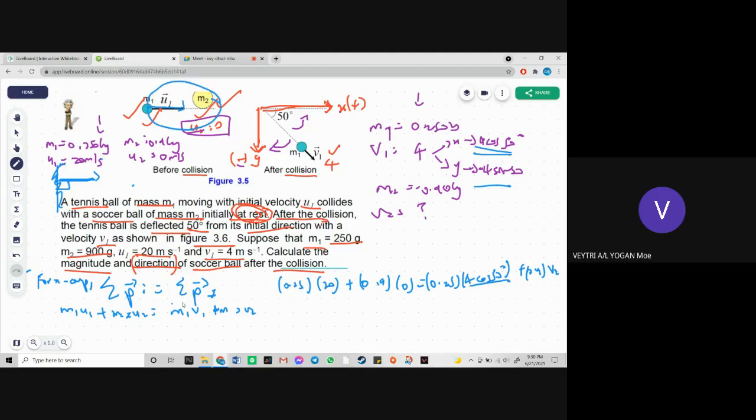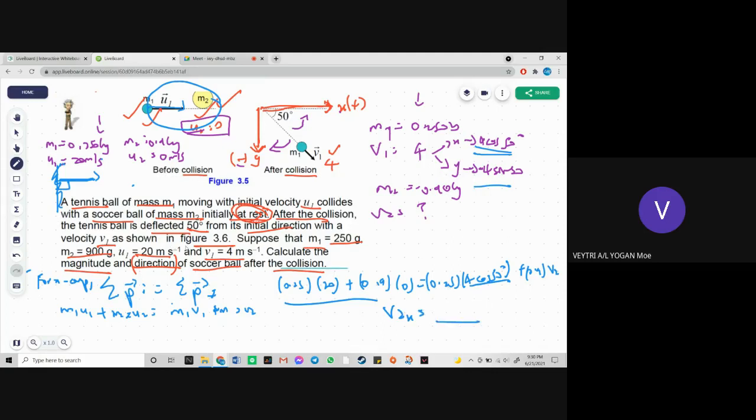Sebab initial you are taking from the X component. Ada tak pergerakan atas bawah untuk initial? Tiada kan? So you are taking for pergerakan kiri dan kanan je. Confirm for X component. That's why initial dengan final, kalau initial ambil X component, final juga ambil X component. So you will get your answer V2X. Basically V2 lah, tapi untuk X component punya.